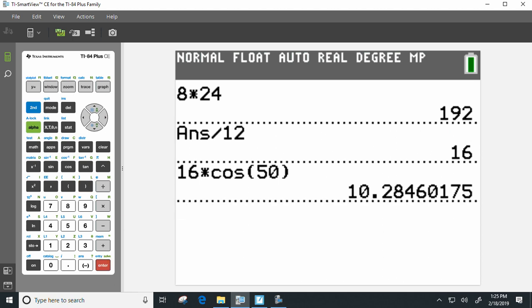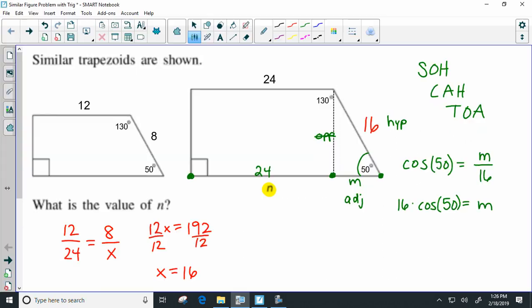So that is 10.28, or 10.3. So m is about 10.3, which means if I go up to my figure, this side right here is about 10.3.